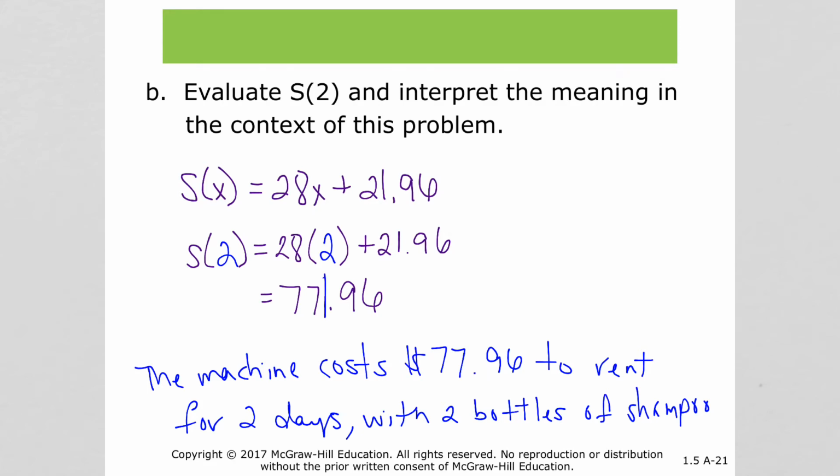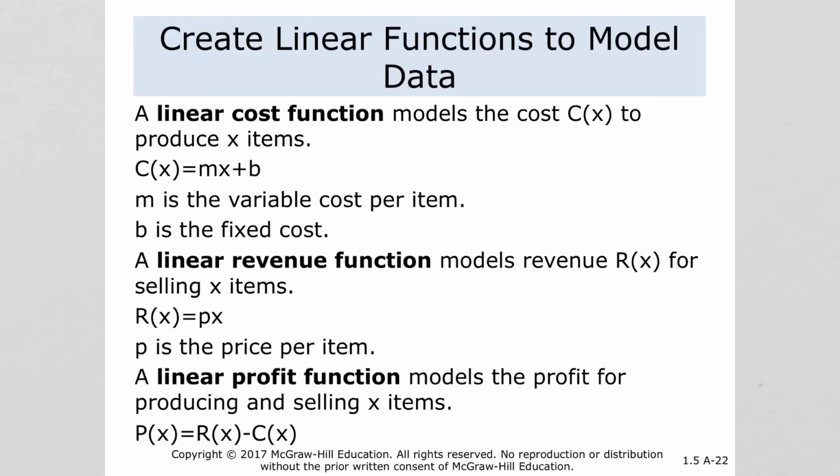Okay, but this 2 is the number of days. So, a cost function, as you've already seen, is the fixed cost of the item, plus the cost per item.